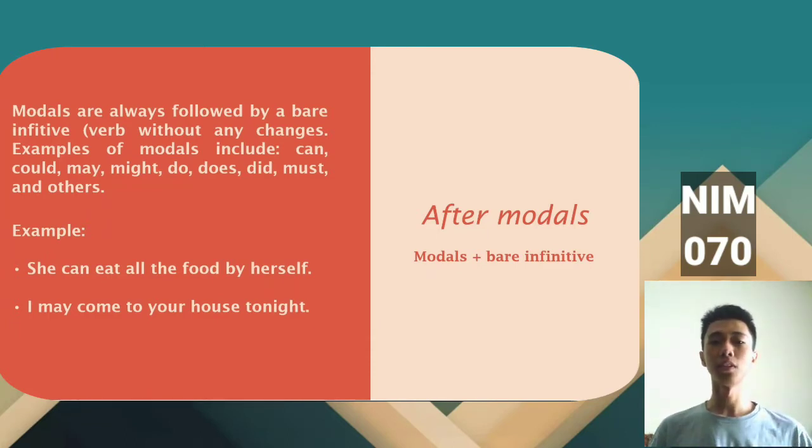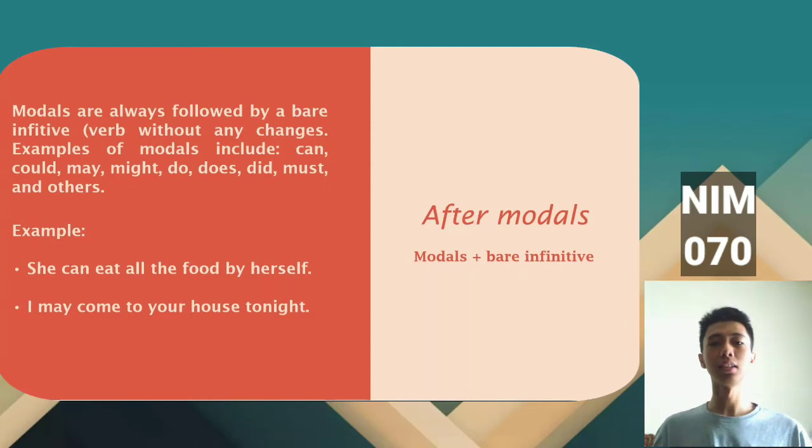Notice that the subject of the sentence is she, which is third person singular, followed by the modal can and the verb eat. And notice that the verb eat doesn't change to eats with s, but stays in its bare form, eat, which we call the bare infinitive form.